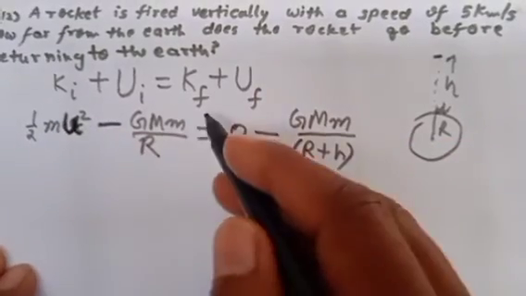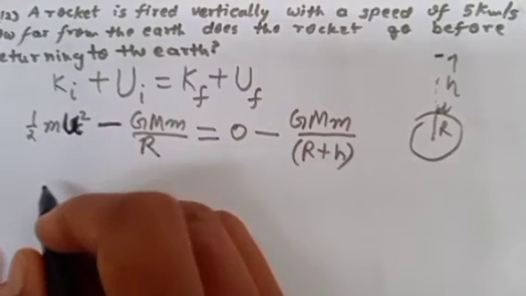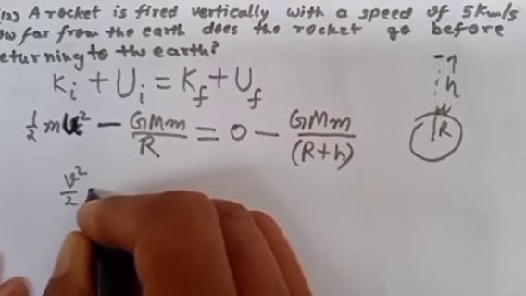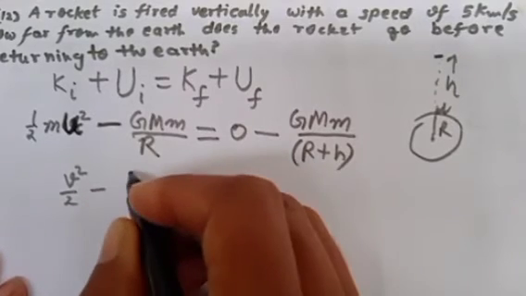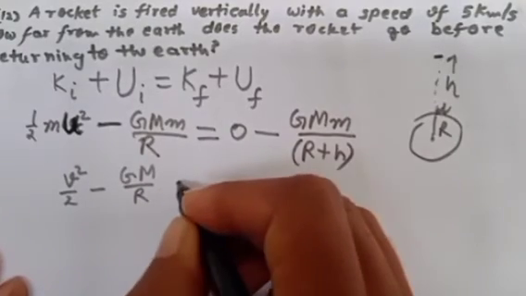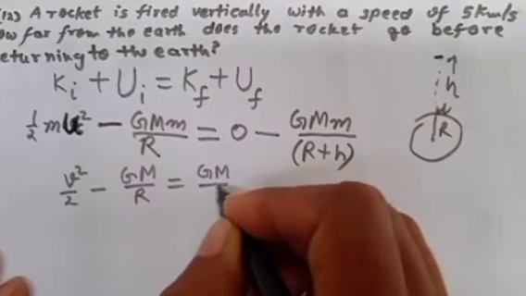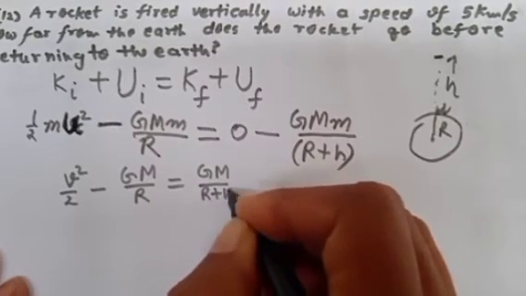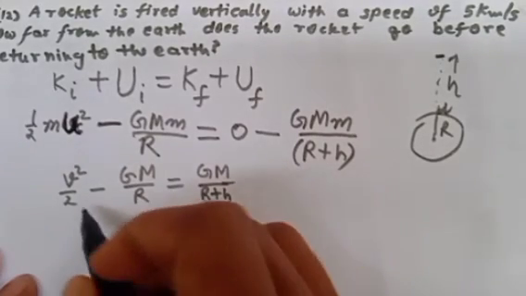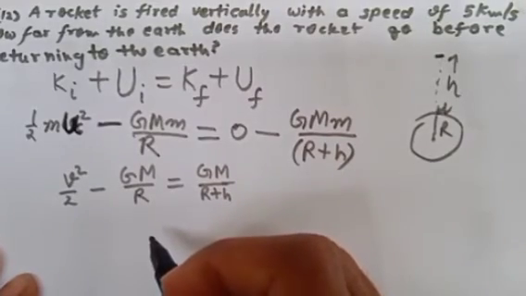Then we have v square by 2 minus GM by r equal to minus GM by r plus h. We'll put the values here.